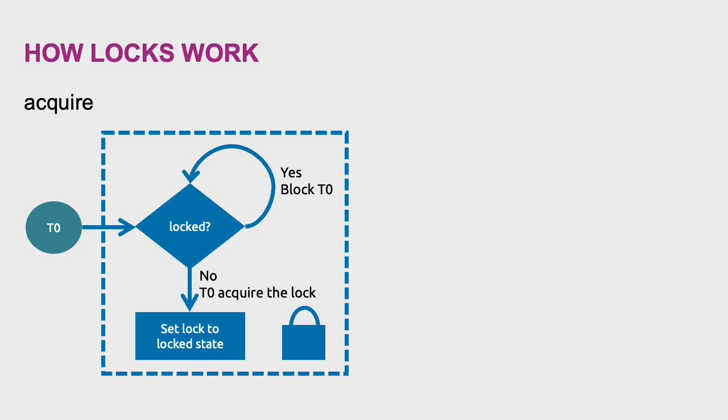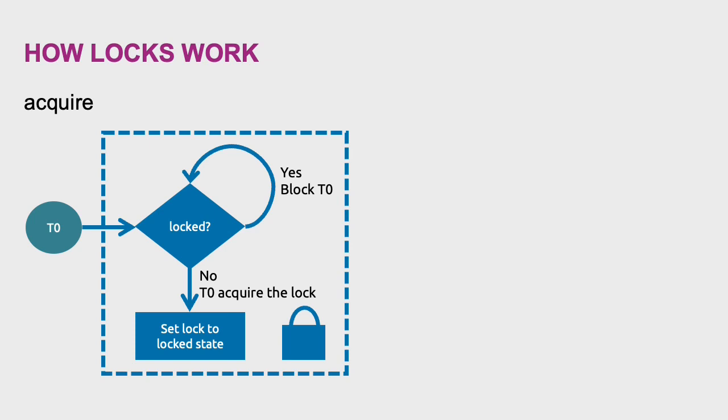So it's not a real implementation. I want to stress this. First of all, we have to consider two main operations for a lock: the acquire operation and the release operation. Let's start by considering the acquire operation on the lock.